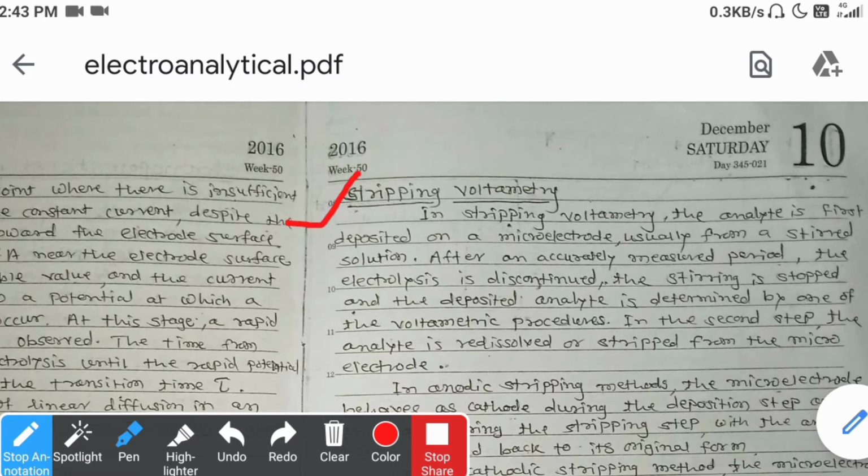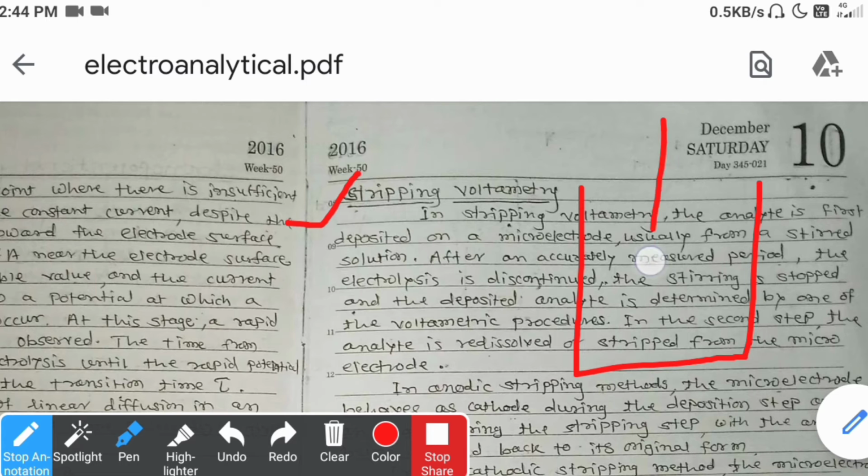Okay, stripping voltammetry technique. In stripping voltammetry, the principle of this technique is as follows. Initially, some analyte which is to be analyzed is kept in a certain container.